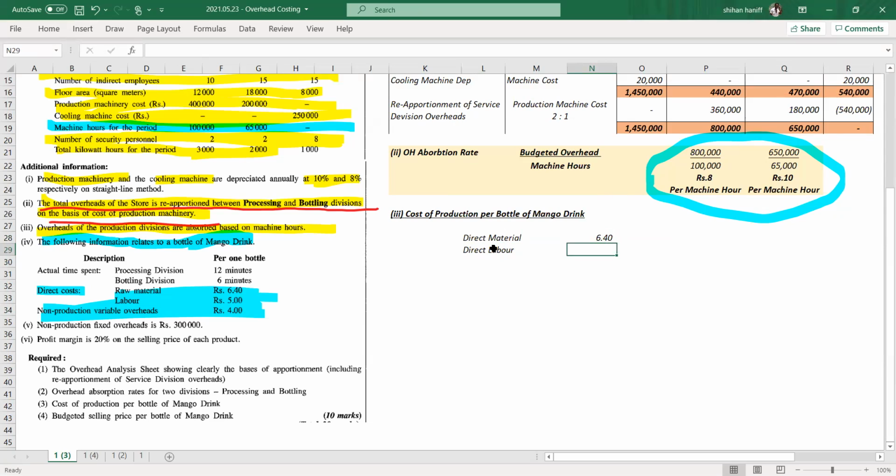Direct labor 5. Then we have to take the overhead.